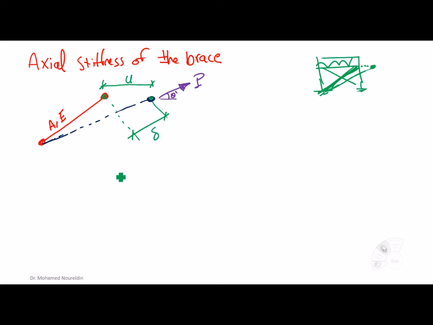The angle of the brace with the horizontal we call theta, and the distance between the two nodes, which is the length, we designate with L.